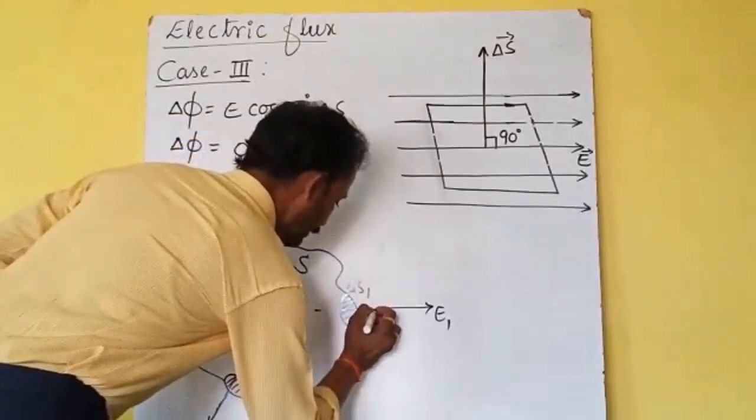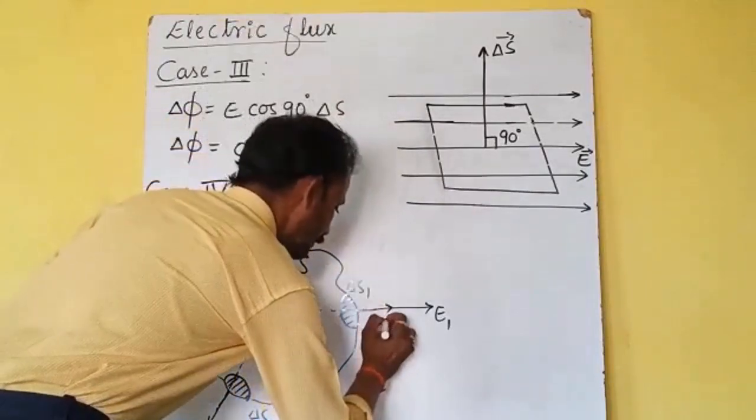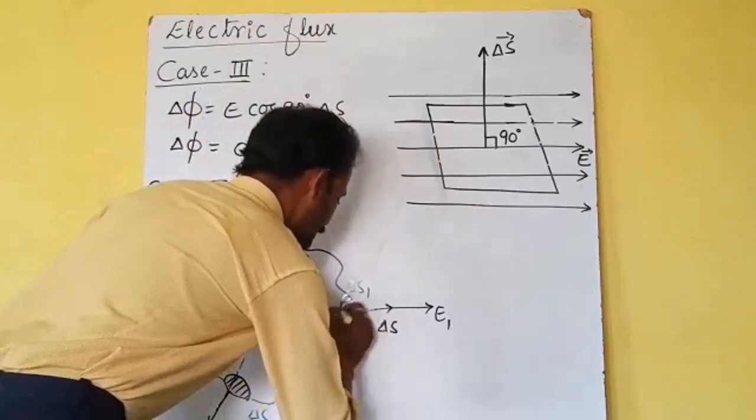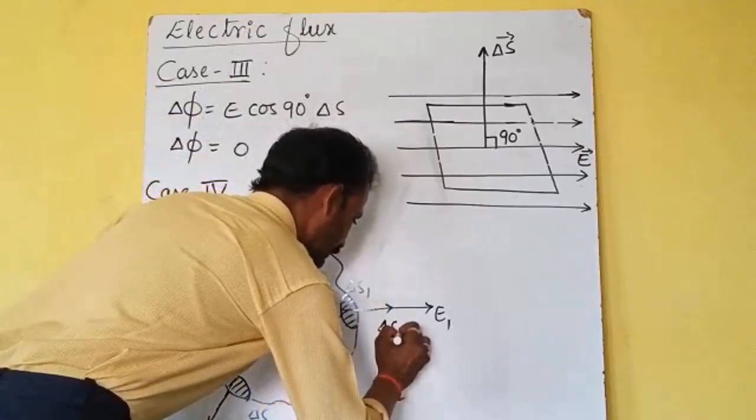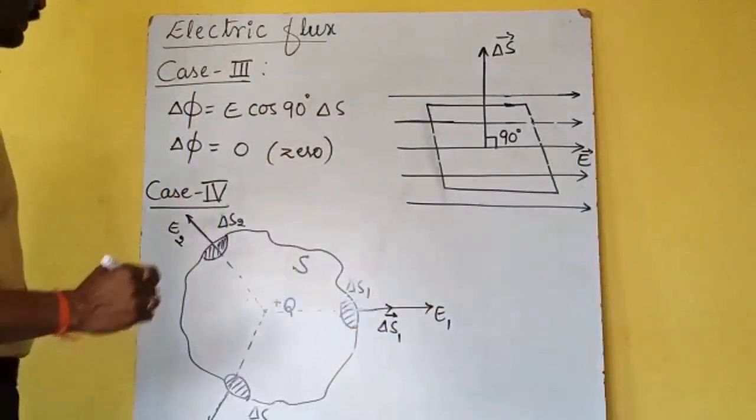So in this case, the normal to this area element delta S1 is along the direction of electric intensity E1.